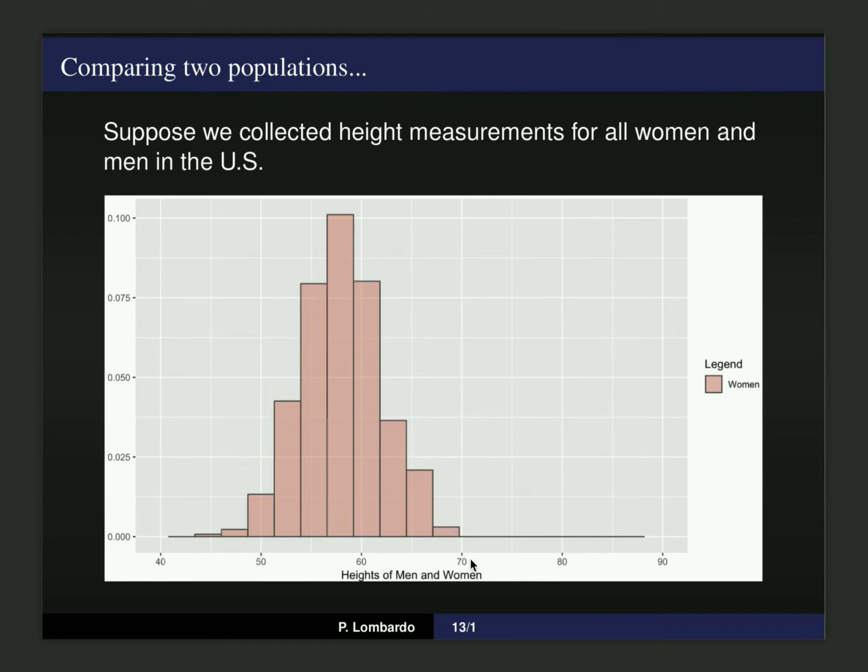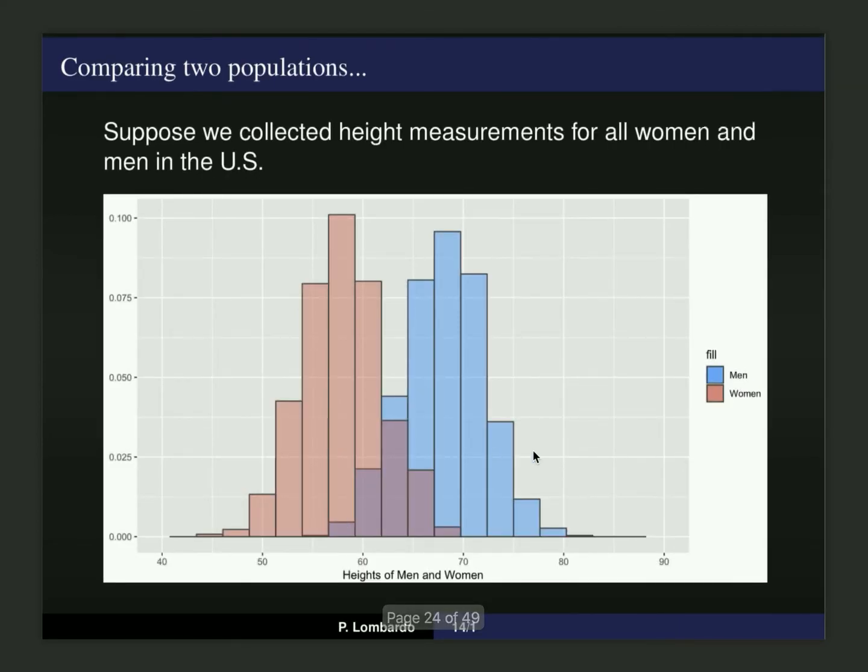It's unimodal, symmetric, dies off on either side. However, the peak is a little bit lower. Now we can overlay the two of them, and in this case, the purple region represents an overlap between the red histogram and the blue histogram. And this is indicating, of course, that there are some men and women who are roughly the same size. So we do get some overlap between these two height distributions.